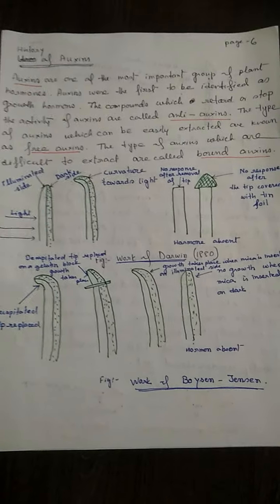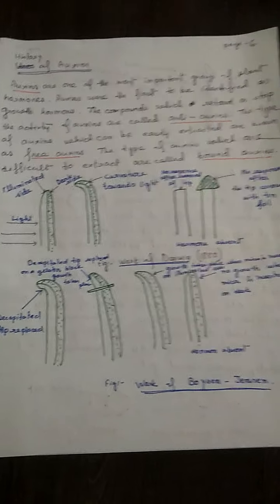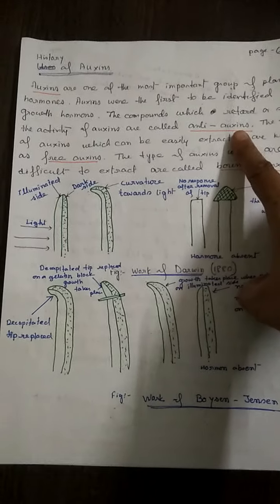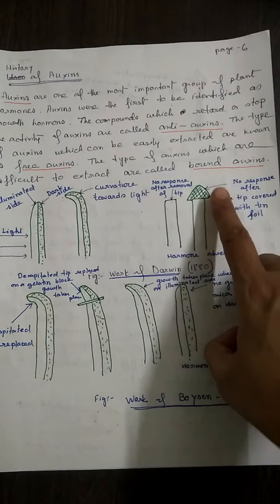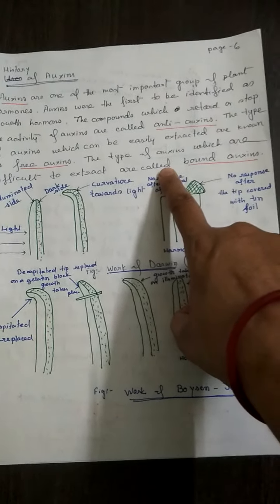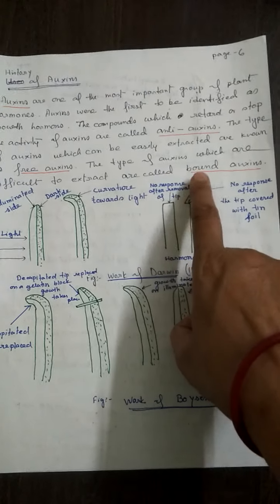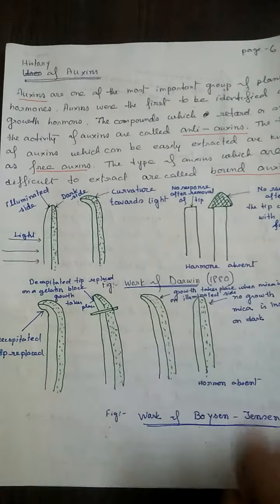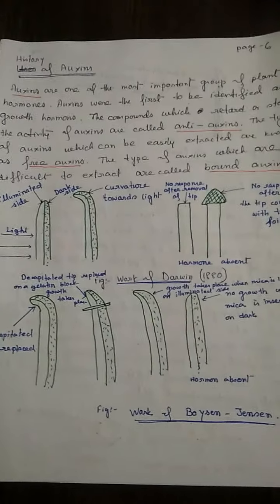Now regarding the history of auxin. Already I have discussed what an antiauxin is, then free auxin, and the auxin which cannot be extracted from the plant easily is known as bound auxin. Now the history of auxin.